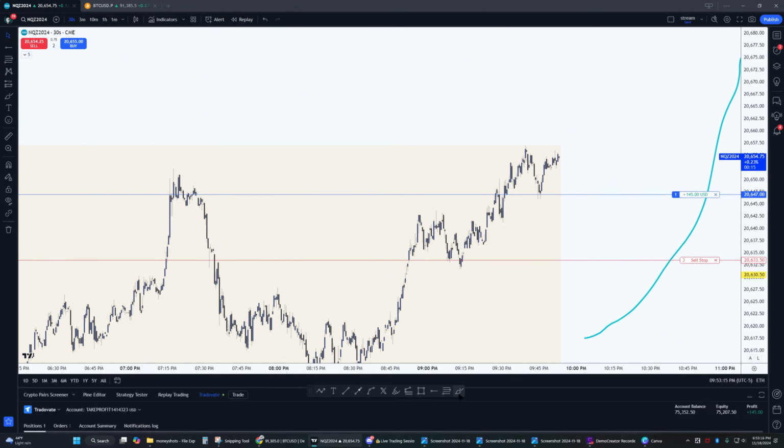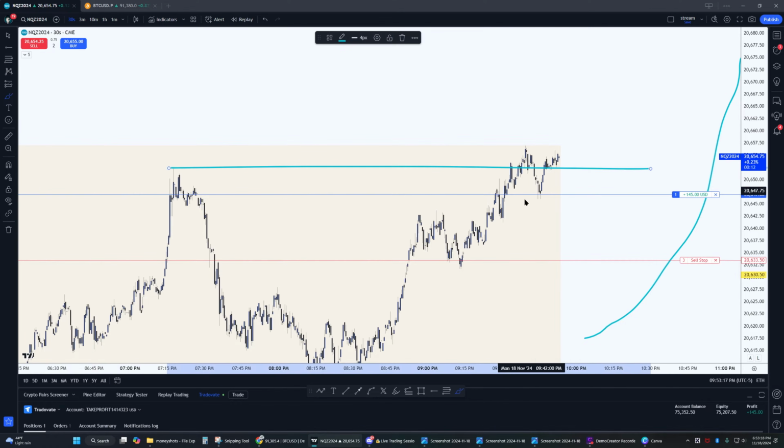They've been taught as long as it takes out some form of liquidity and then comes down, price takes out this low, it would then become bearish, right? But that's not accurate, not until it takes out this low here.